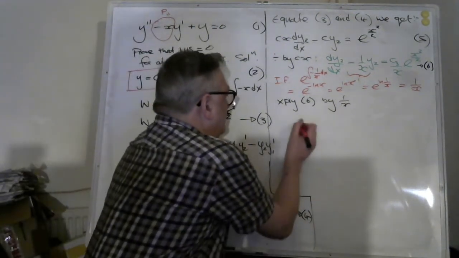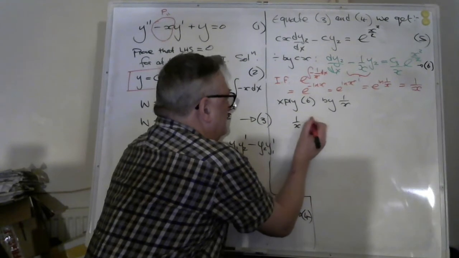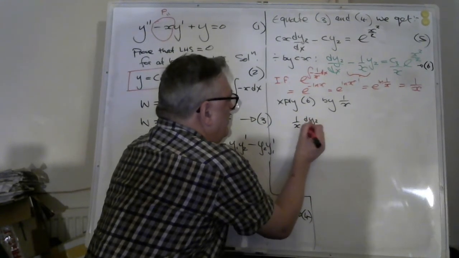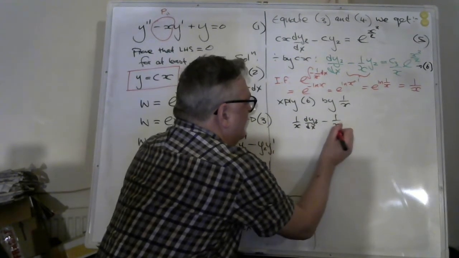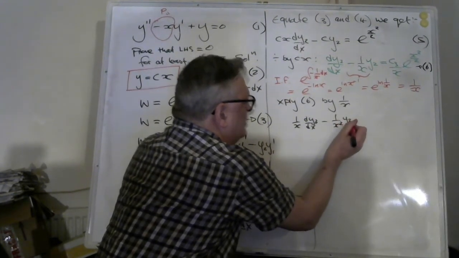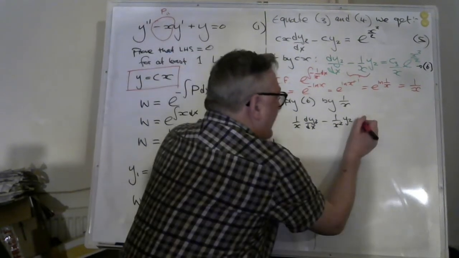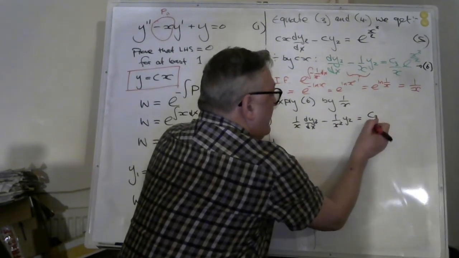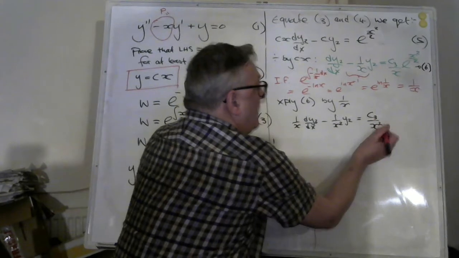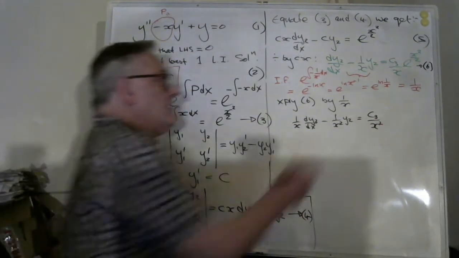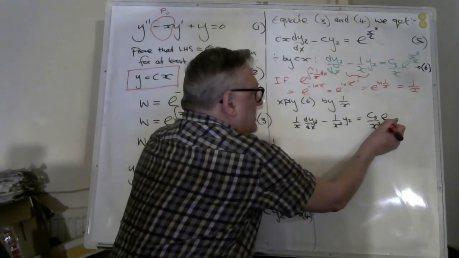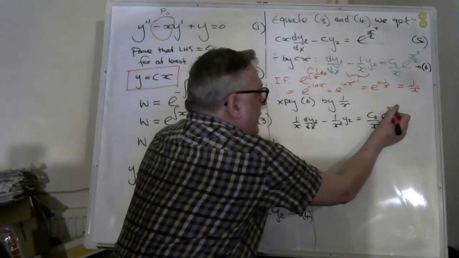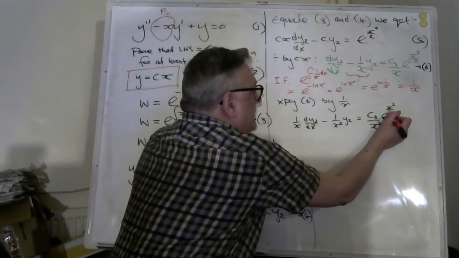So that we get 1 over x dy2 over dx minus 1 over x squared y2, which is equal to c3 over x squared, because you multiply both sides of the equation by that 1 over x, and that of course is e to the x squared over 2.